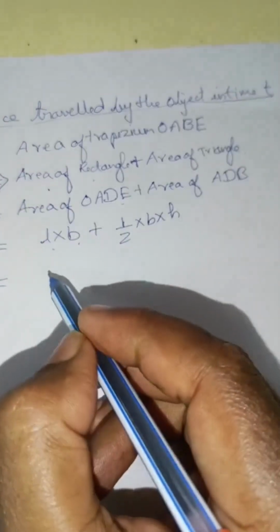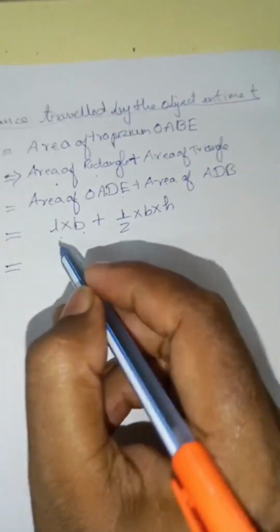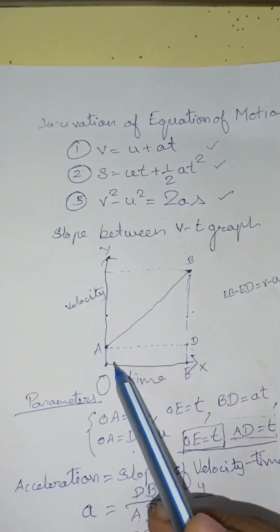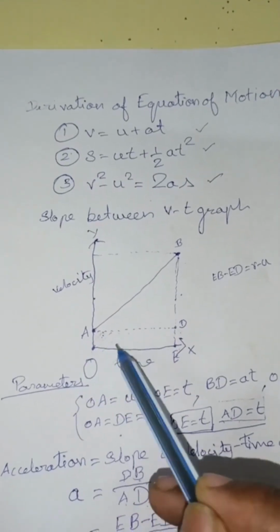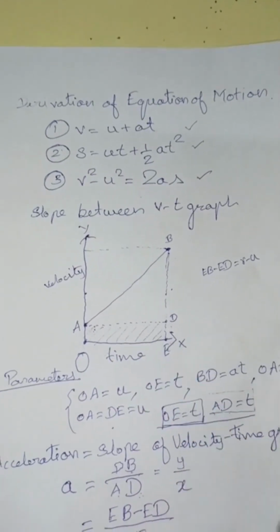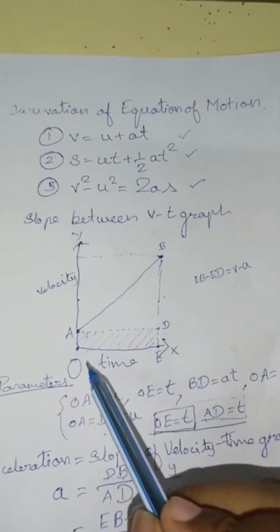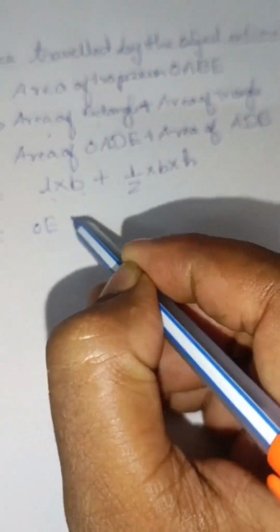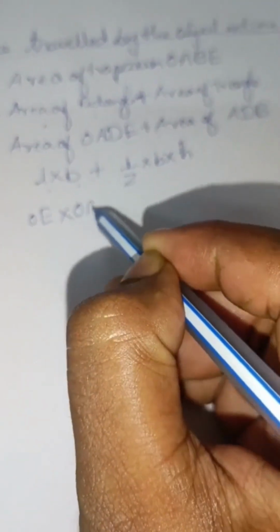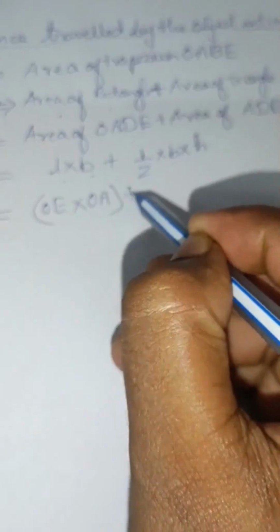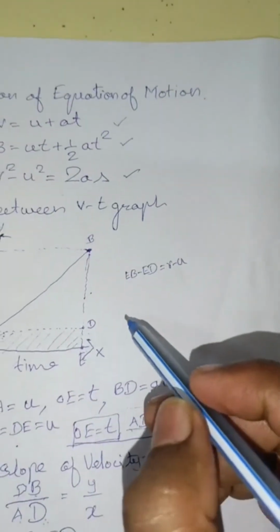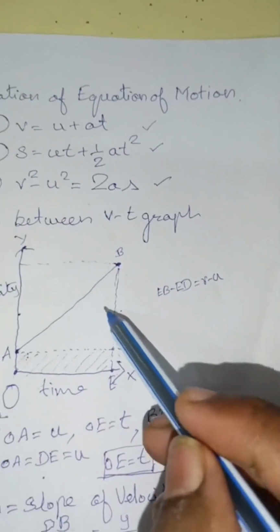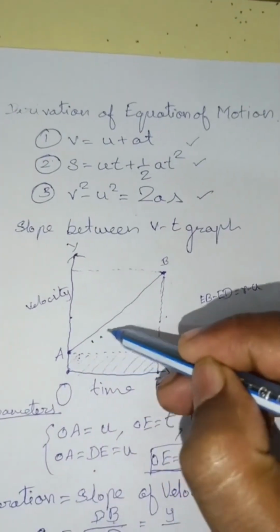Sir, this L into B can also be written like, you can see OADE. OADE means this part. We can define this part, right? So we can write it here. This is my length, this is my breadth. So I can write it here as OE into OA, this is my area of rectangle. Now the area of triangle, can I write this part?